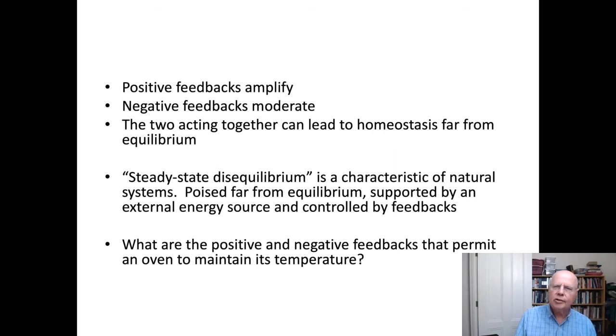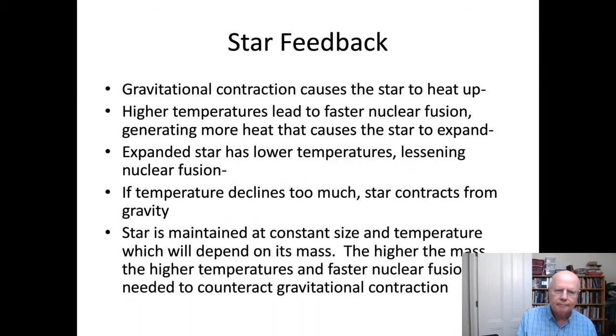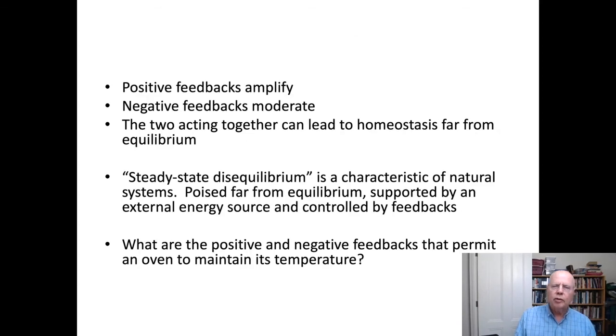So let's consider an example which is familiar to us, namely an oven. You turn on the oven and it's cold. Because it's cold, the thermostat sees it's not at the right temperature and it emits a little spark. And that spark then lights the heating elements or turns on the gas.